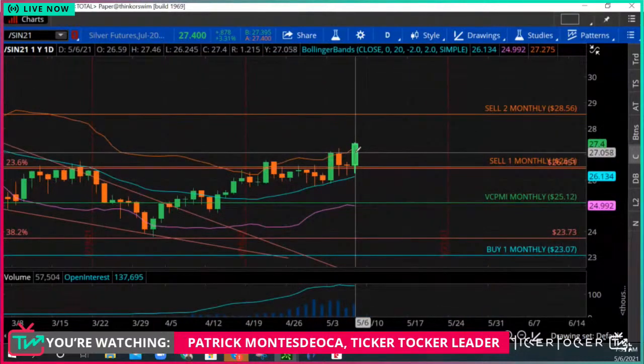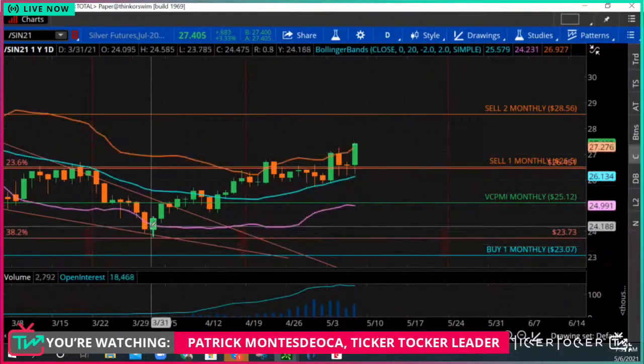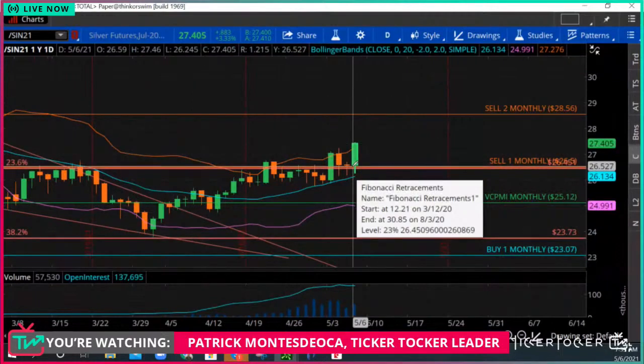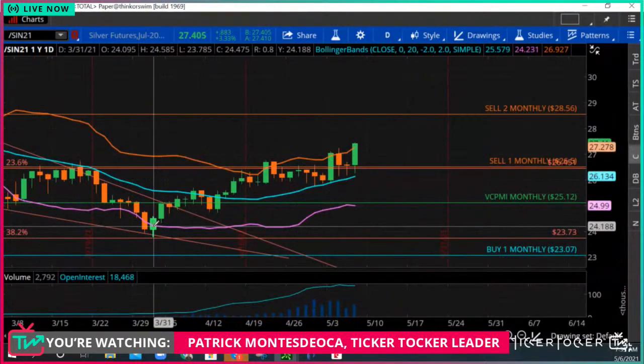finally has come into the area here where it's completing targets. If you're looking at silver from a low of 2378, we just completed a 23.6% Fibonacci retracement from the high that we made at 3035 to this recent low.